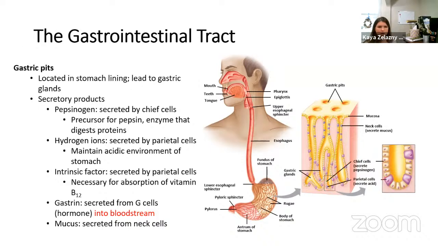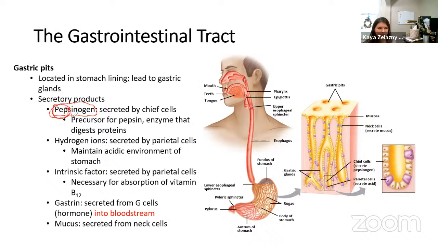Our chief cells are going to be producing pepsinogen. So pepsinogen, from this prefix pep, we may kind of recognize. Pepsinogen is going to be the start of our pathway for digesting proteins.